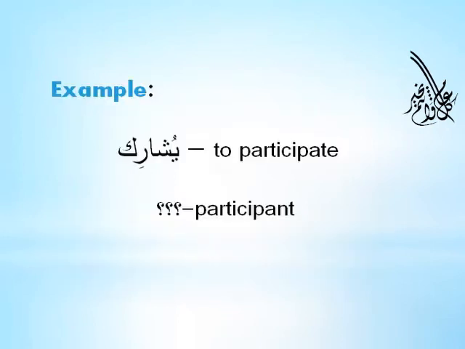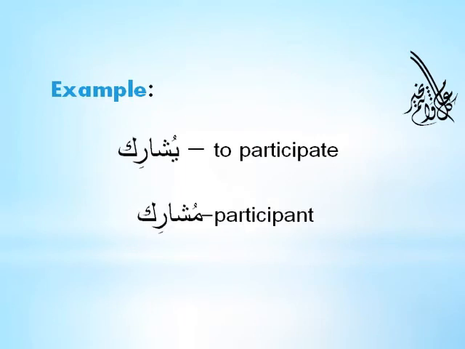So if yusharik is to participate, hopefully you should see that a musharik is a participant. And you could go in the other direction. So pause for a moment here. Hopefully this should be really obvious to you and you say, yeah, I get it. If not, you want to go back and review, because everything else is just going to pile up on top.